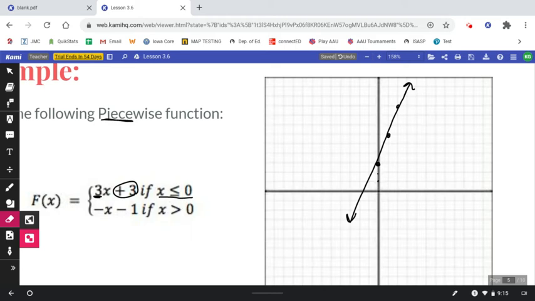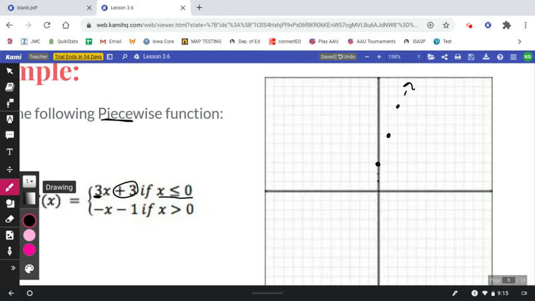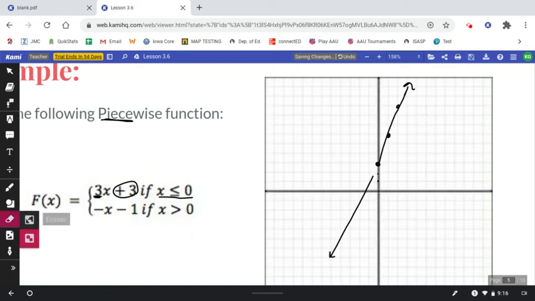So I come into the x's, I look at the ones that are less than or equal to 0, and so I would erase just everything that is greater than or equal to 0, so all of that.